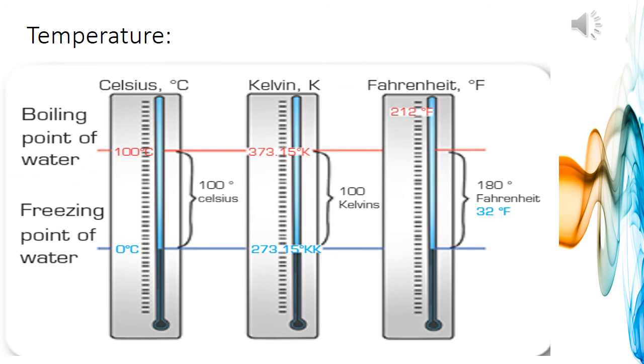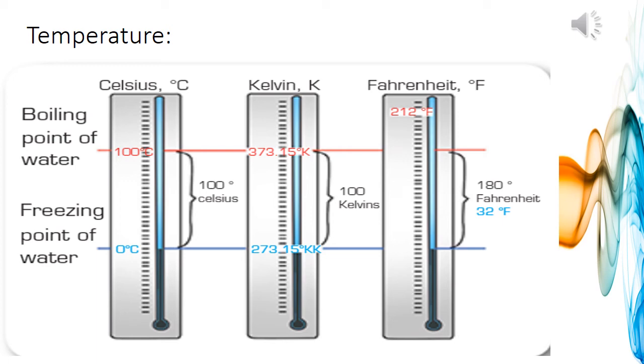So I've already explained this. These are the three scales: Celsius scale, Kelvin scale, and Fahrenheit temperature scale. The upper scale, that is the boiling point of water, in Celsius is 100 degrees Celsius, in Kelvin is 373 degree Kelvin, in Fahrenheit it is 212 degree Fahrenheit.